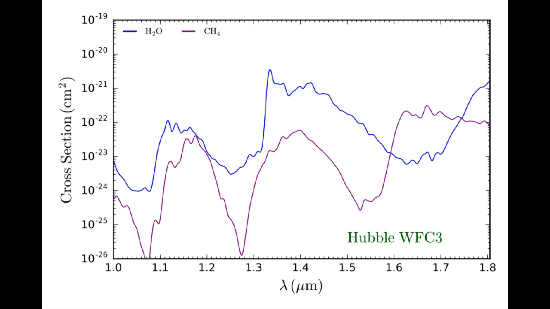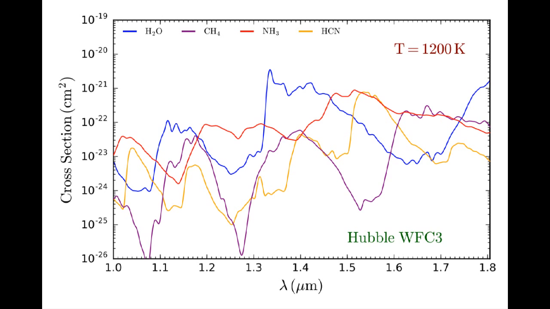We can also consider nitrogen-bearing species like ammonia that you see here, which has a strong absorption feature at 1.5 micrometers, and similarly, hydrogen cyanide also has an absorption feature at about 1.55 micrometers, which overlaps slightly with the ammonia. Now, all of these cross-sections that I've shown you have been evaluated at a specific temperature, at about 900 degrees Celsius or 1200 Kelvin.